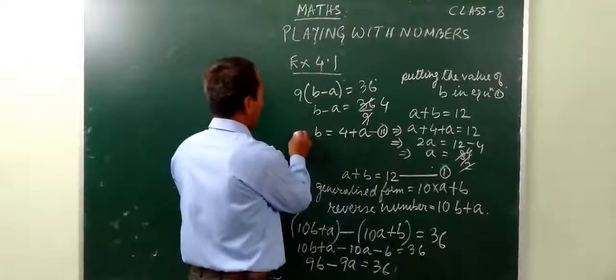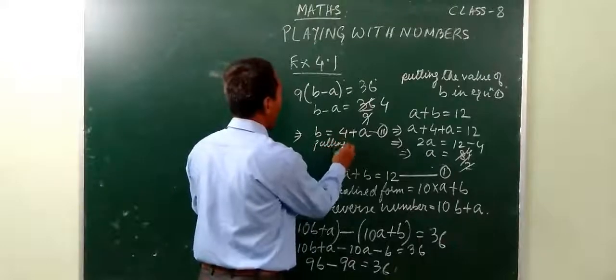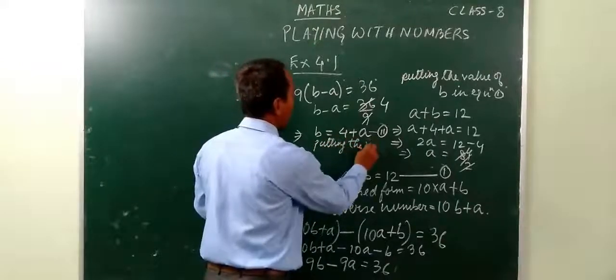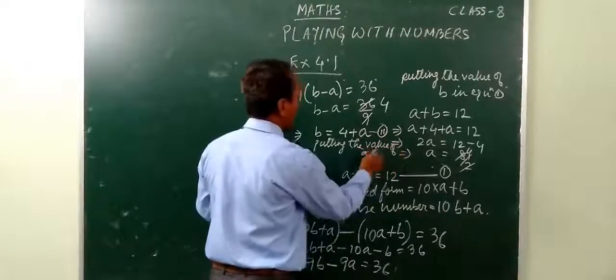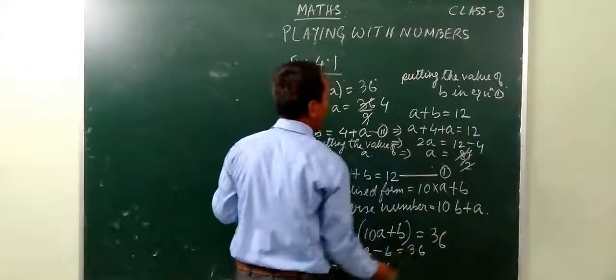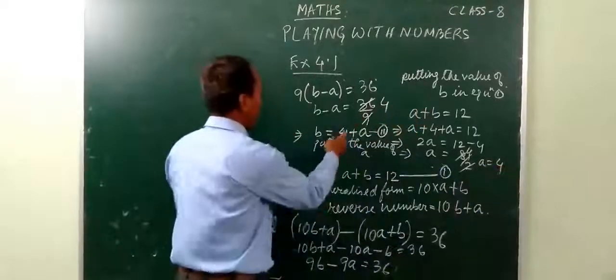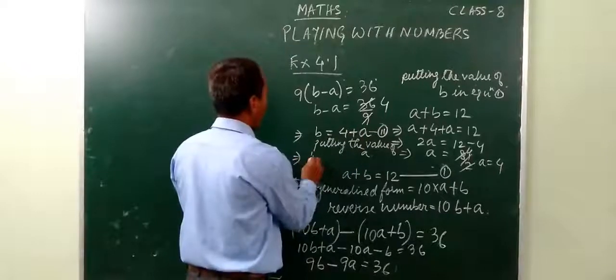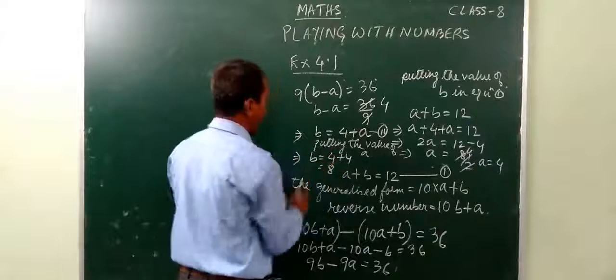Now putting the value of a, a equals 4 here. So you put the value of a here, 4. So b equals 4 plus 4, which is 8.